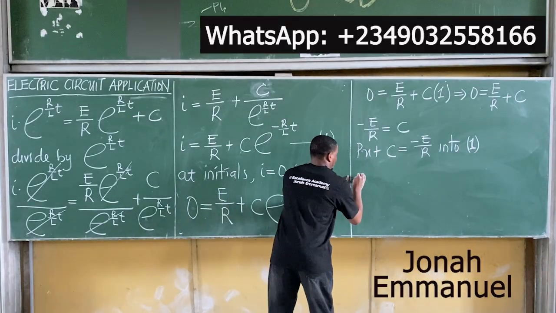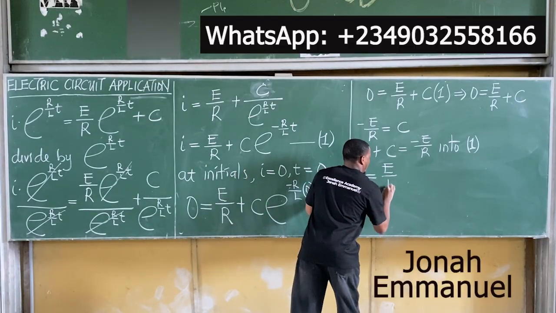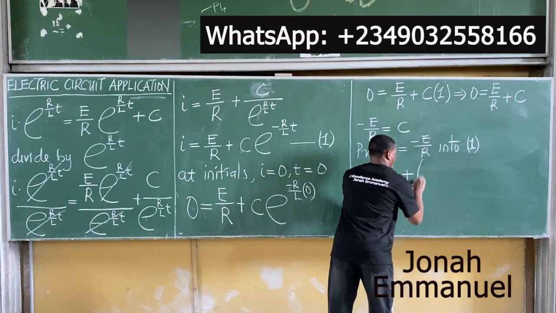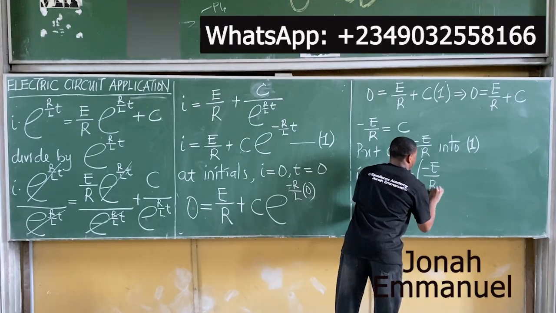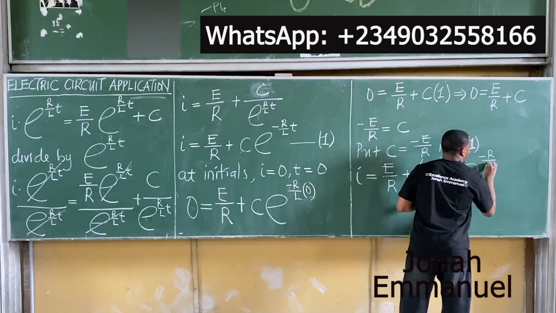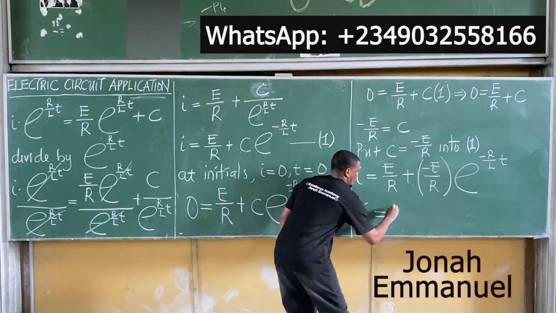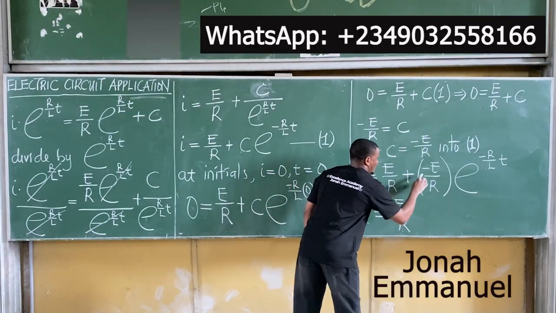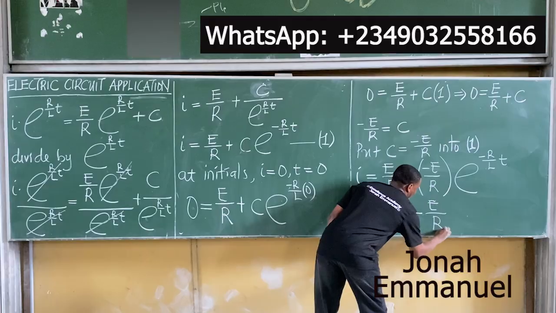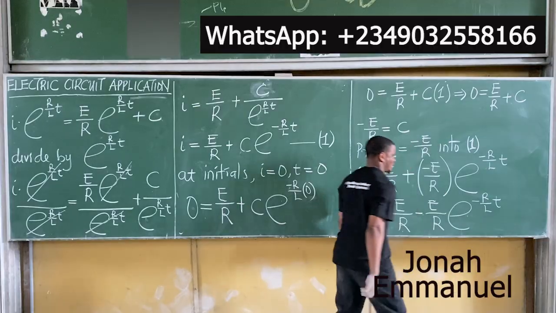We have that I will be equal to E all over R plus C, which is minus E over R, into exponential minus R over L T. So I is equal to E over R plus minus E over R exponential minus R over L T. We have this.